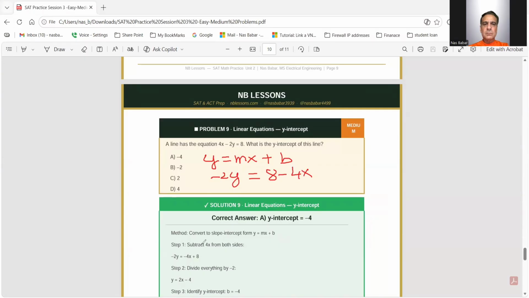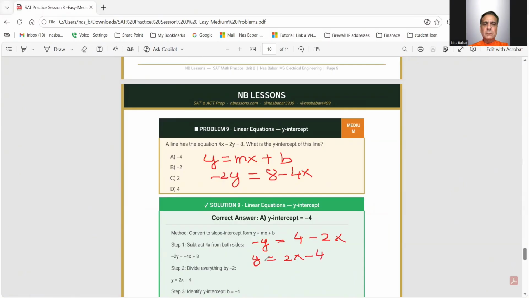Now, basically, if you divide both sides by 2, you get minus y is equal to 4 minus 2x, okay? And if you multiply both sides by a negative sign, this will give you y is equal to 2x, and then plus 4 times minus, so this will make it minus 4.